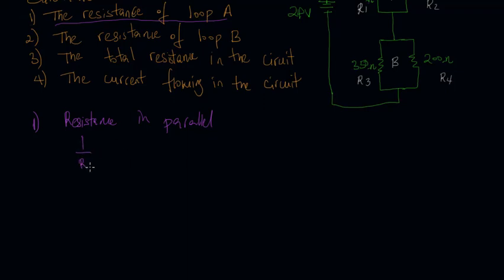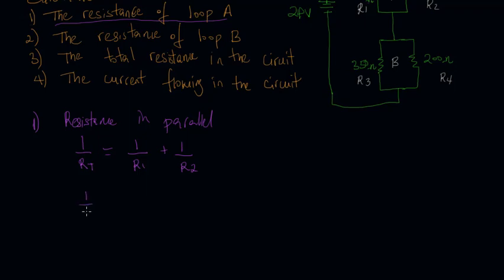In this case, we can say 1 upon RT is equal to 1 upon R1 plus 1 upon R2 plus as many resistors as we have in parallel. In this case, we only have 2 resistors, R1 and R2, so we can write 1 upon RT is equal to 1 upon R1 plus 1 upon R2. So from here on, we simply fill in our values.